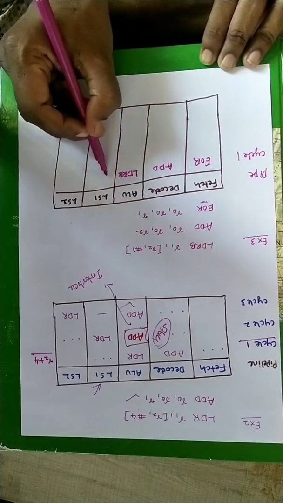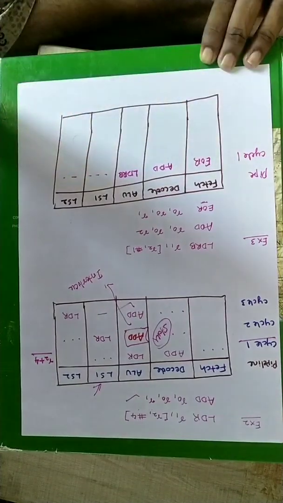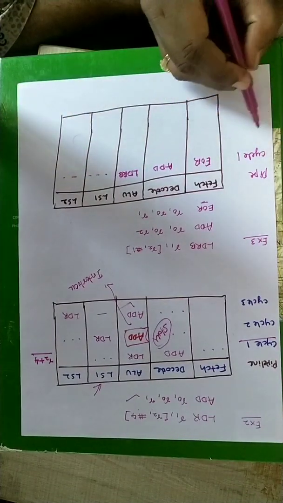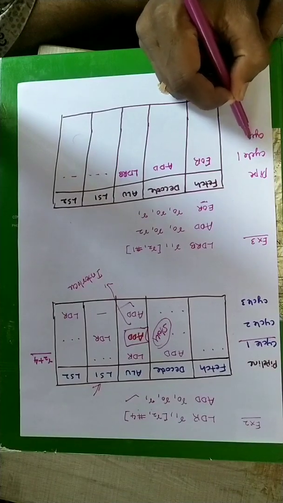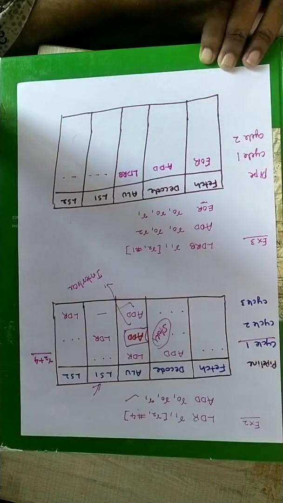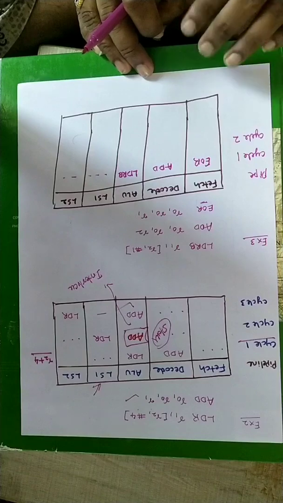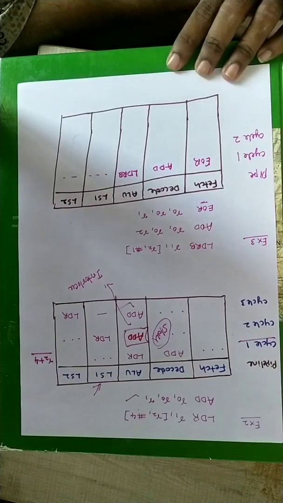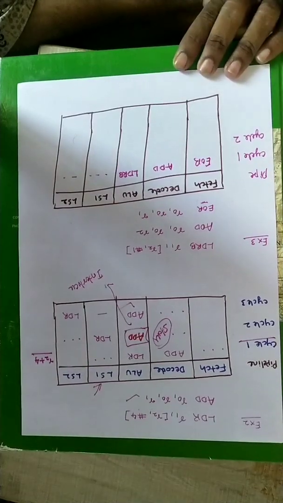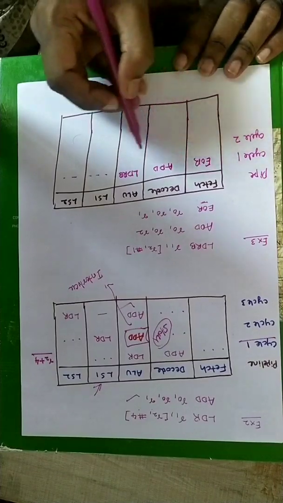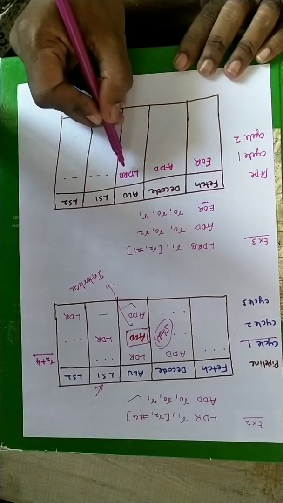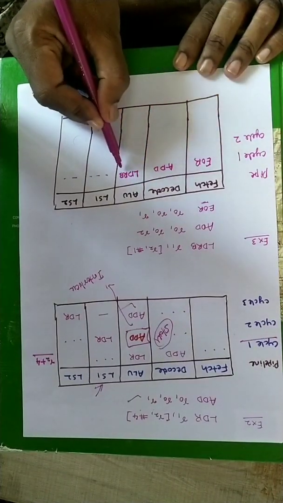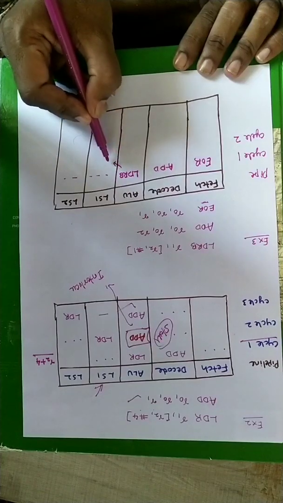So here is the first cycle operation. Let us write the second cycle operation. In the second cycle, what happens here? In the second cycle, LDRB moves from the ALU state of operation to the next state.